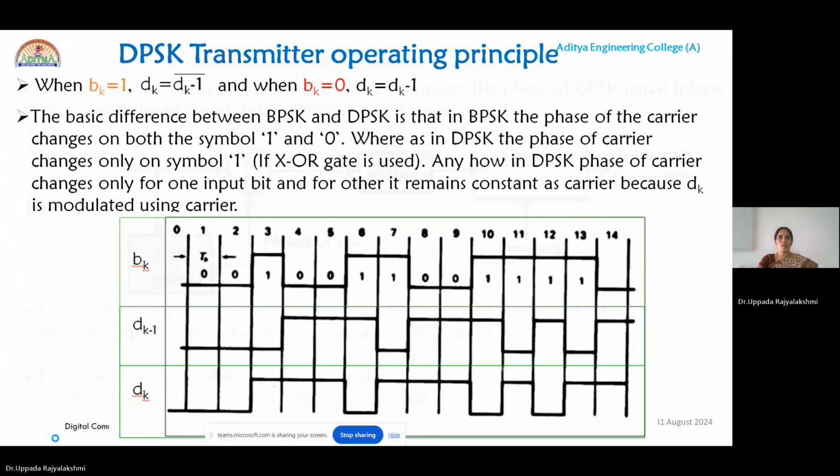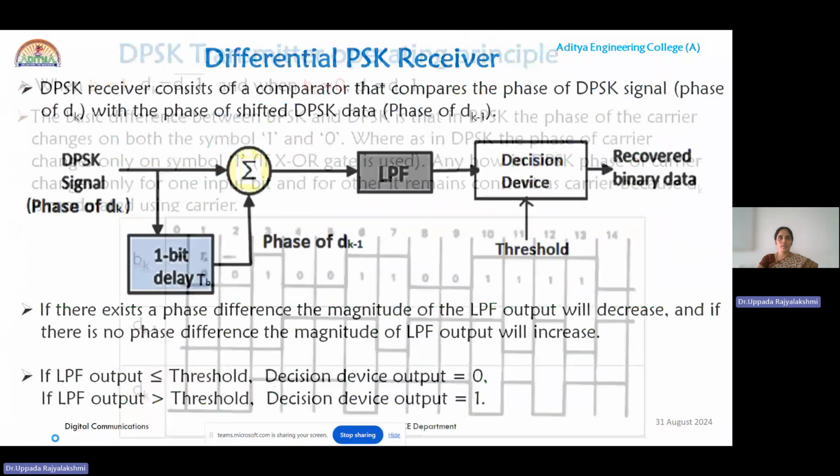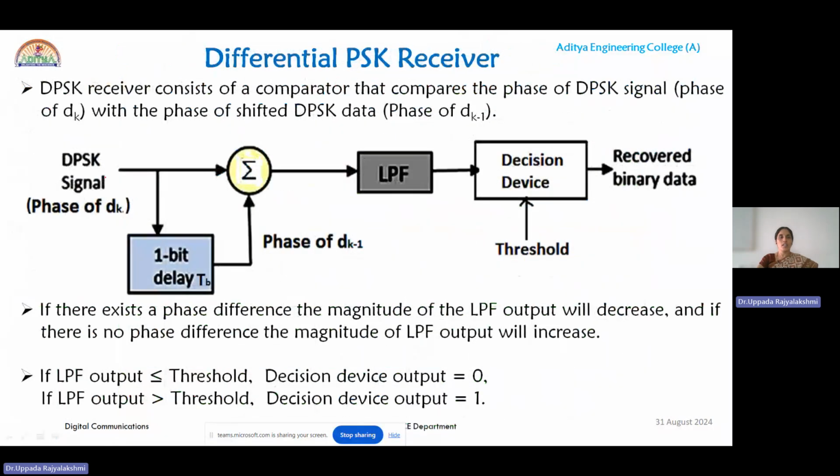Now coming to the receiver principle, we already discussed that the DPSK receiver takes a comparator which compares the phase of the differential data and the phase of the 1-bit right shifted differential data. Both are compared and the output is applied to the low pass filter, which is applied to the decision device.